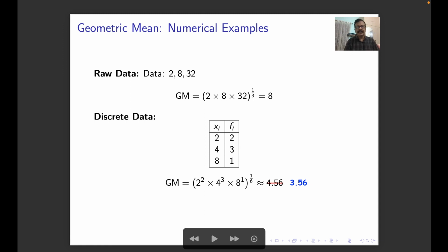Let us compute it. We can see that it is 3.56. You can use scientific calculators if needed for evaluating this, or otherwise logarithmic tables also we can utilize.